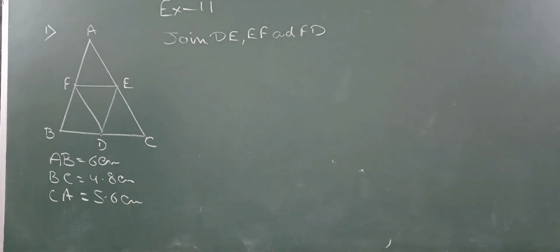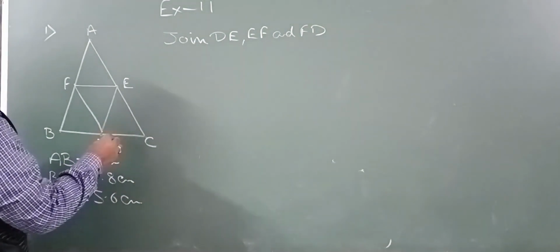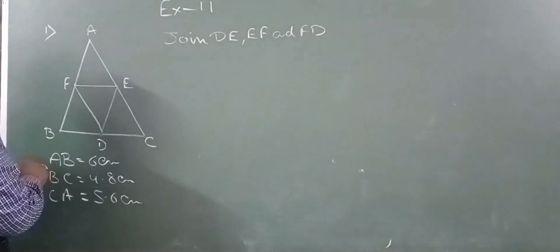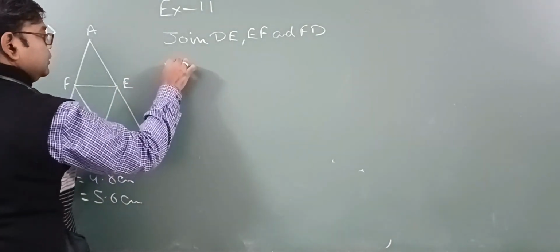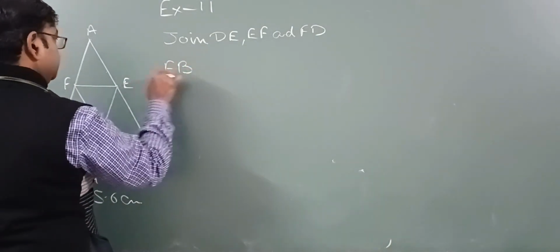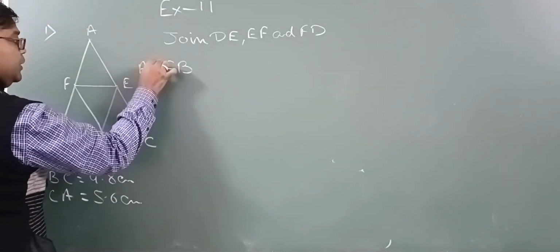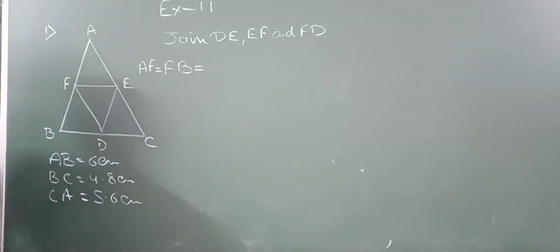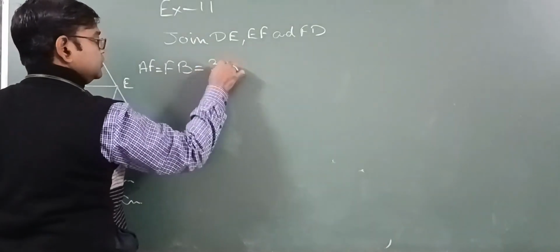How do we find the perimeter of the trapezium FBCE? As we know from the midpoint theorem, F is a midpoint, so we can write AF equals FB equals half of AB, that is 3 centimeter.